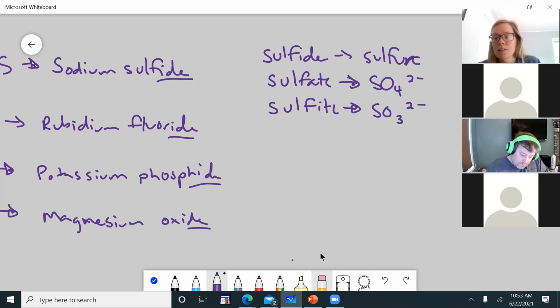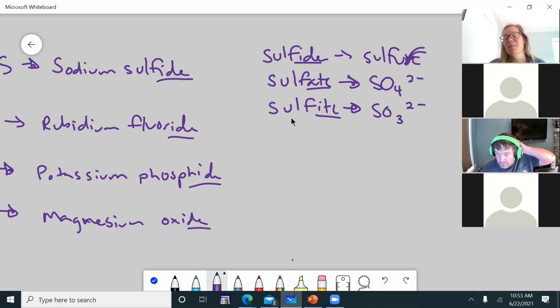So it is important to make sure you're looking at your endings and you know what you're talking about. If I say sodium sulfide, I'm talking about sodium with sulfur. If I say sodium sulfate, I'm talking about something with the sulfate ion. If I'm talking about sodium sulfite, I'm talking about the sulfite ion. So getting those little details down makes a huge difference. Just a couple letters totally changes what the formula is.